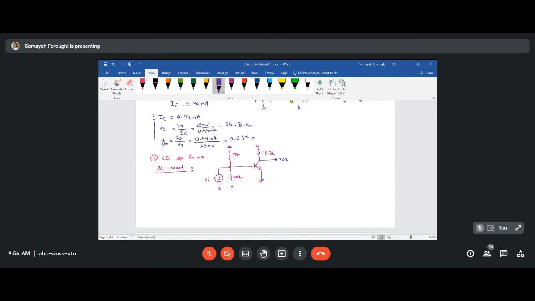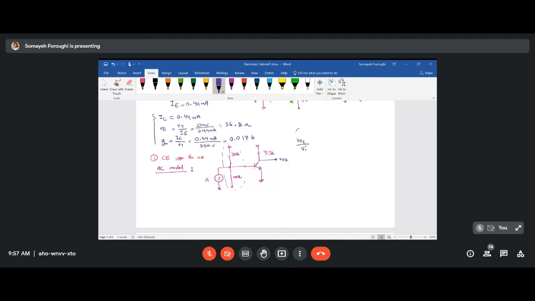Again, simply, you have something like this, and you can either simplify this circuit by doing 100K parallel to another 100K and doing some more Thevenin Norton here, or just simply go ahead and find VO2 over VI.